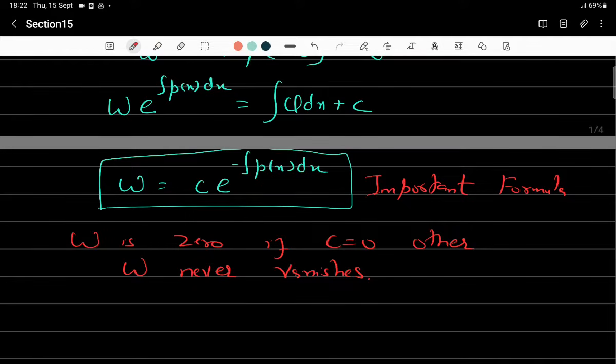But this would not occur, because over the defined interval, for example -1 to 1, p of x, which is 1 by x, is not defined, because at x equal to 0 it is not defined. This works because we know that for existence p and q are continuous. In that case you will see that W vanishes only if c is equal to 0, or it never vanishes.